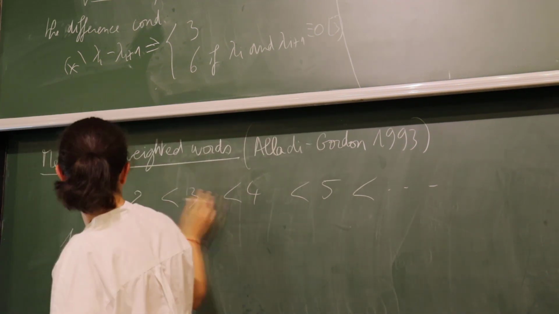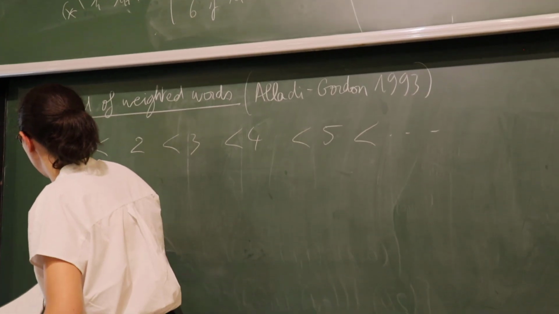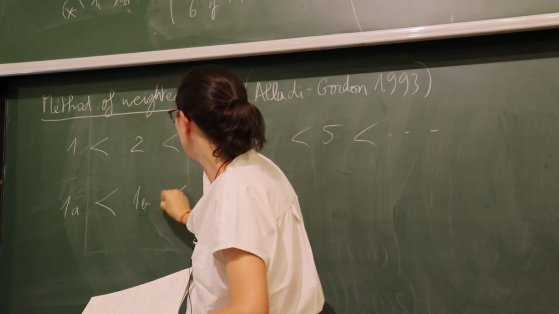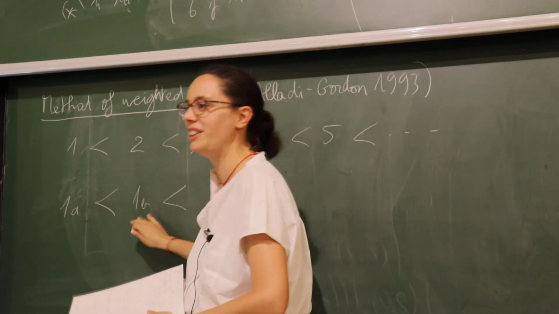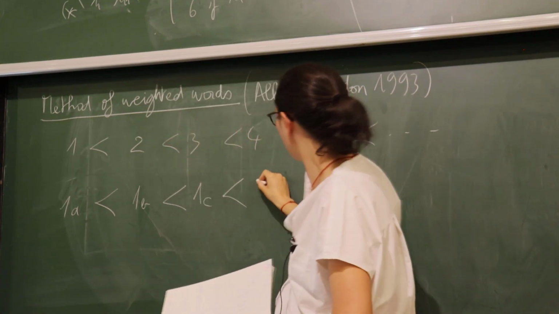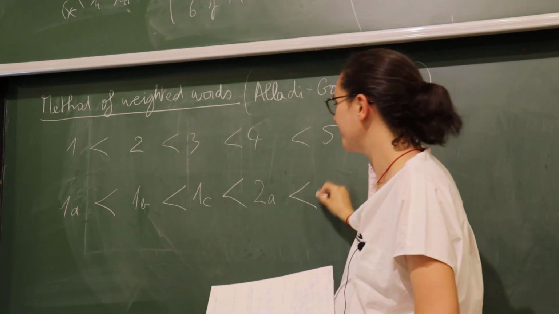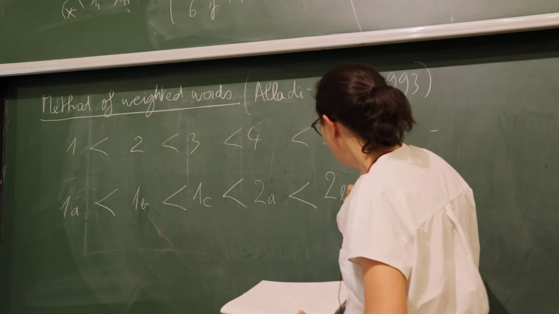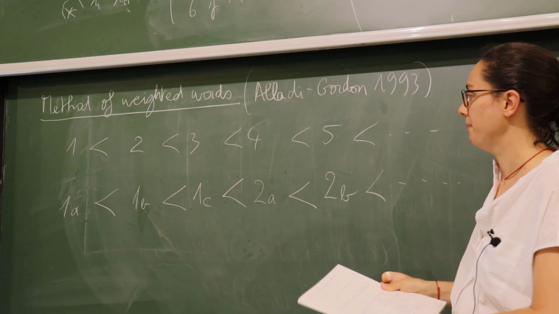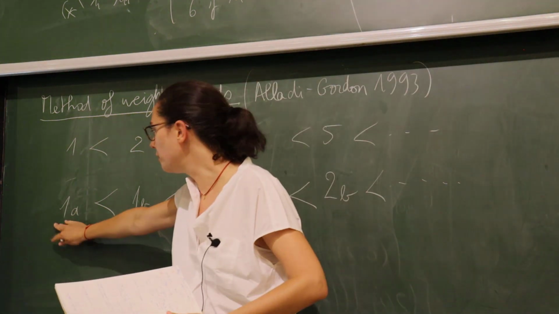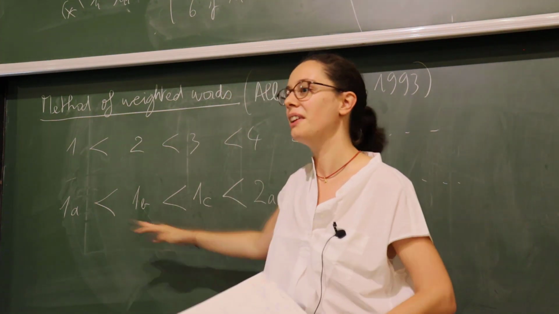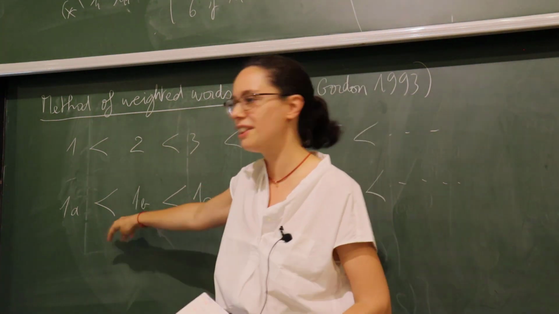So we want, instead of considering those integers, to consider something like 1a, which would be less than 1b. We also need, or at least it's very useful, to have an order like that. Maybe it's not strictly needed depending on the version of the method, but okay, let's do it like that. Let's put the order already. Okay, so here you see we will have 3 times the integer 1, for example, and that's true for all the positive integers.